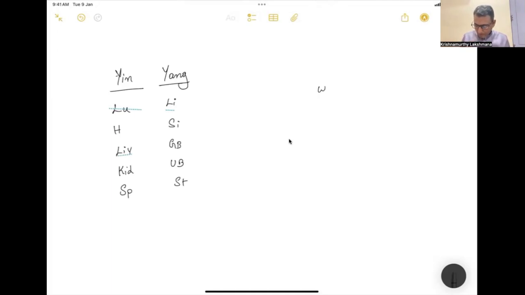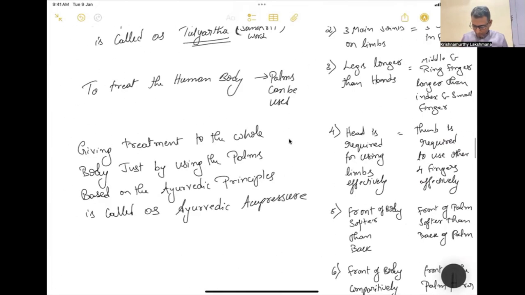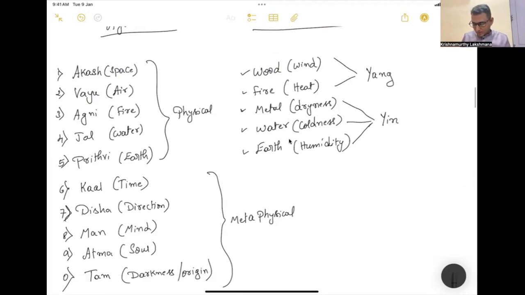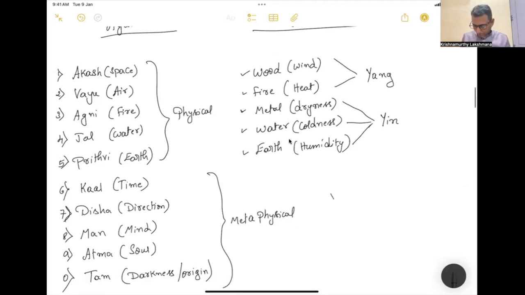The 5 elements are wood, fire, metal, water, and earth. Wood and fire constitute yang, and metal, water, and earth constitute yin. Which is Kaph, yin or yang? Pitta.